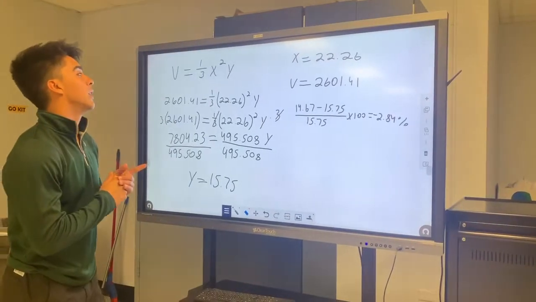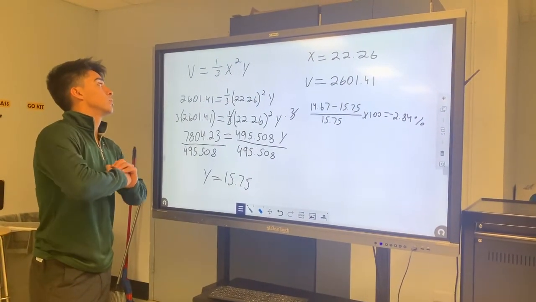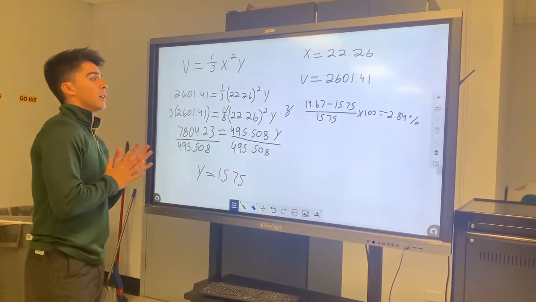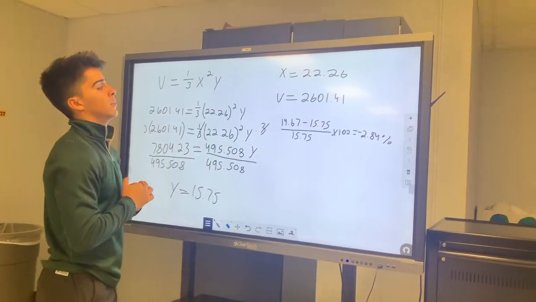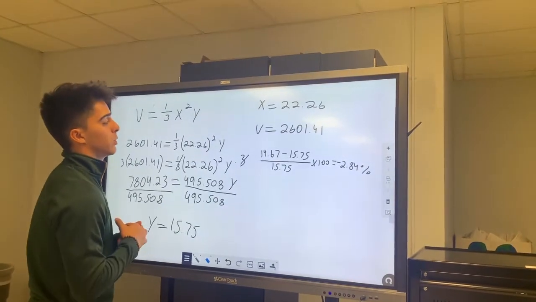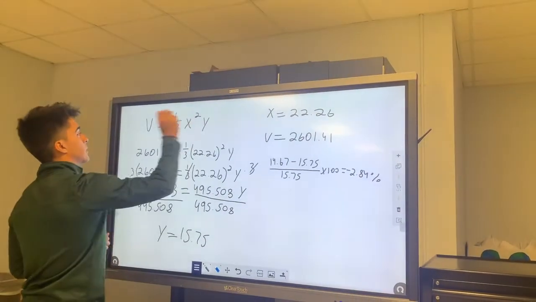Isolate the variable y using the equation volume equals 1 over 3 x squared times y. We already know these values, which is x equals 22.26 and the volume, which is 2,601.41, and we plug that into this equation.